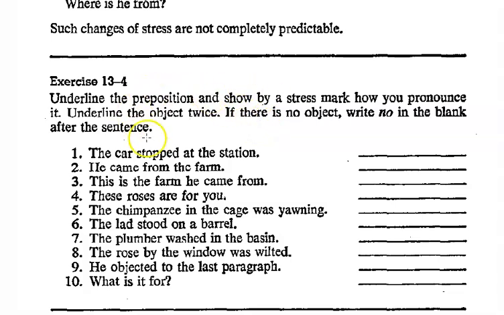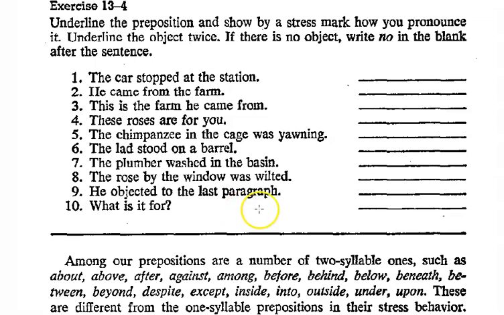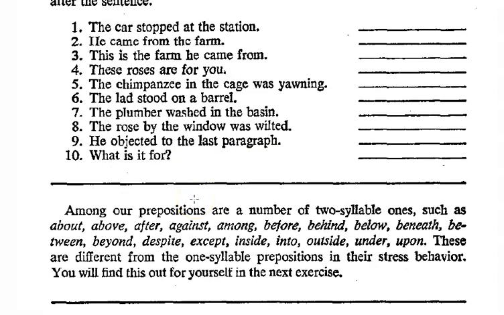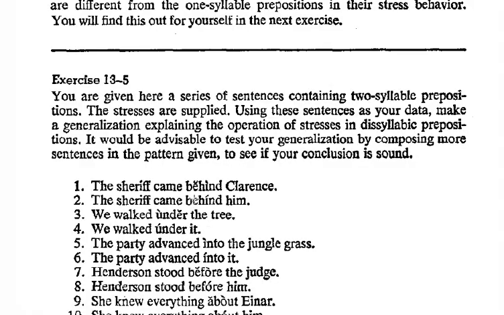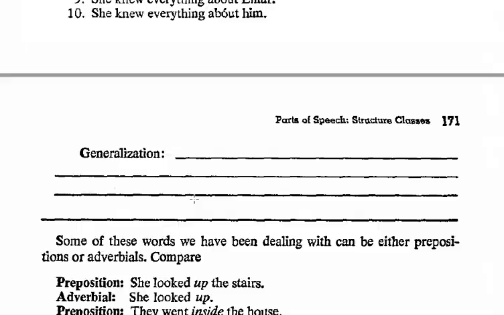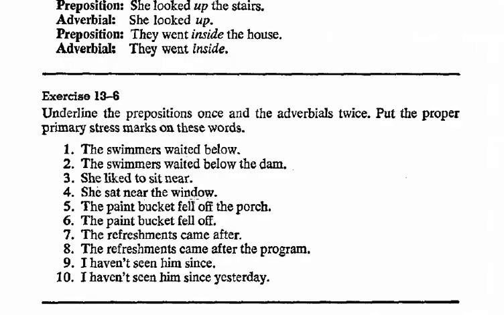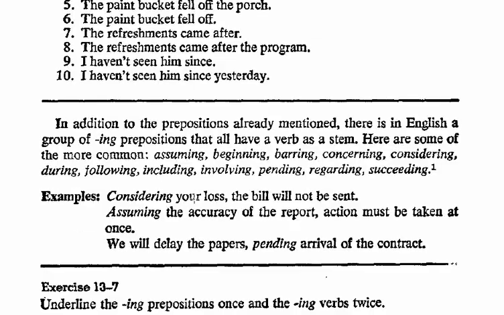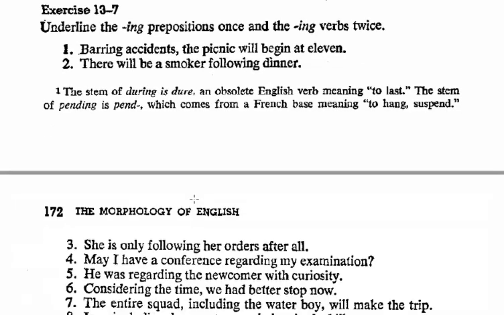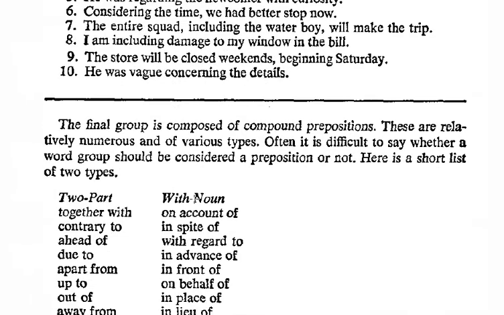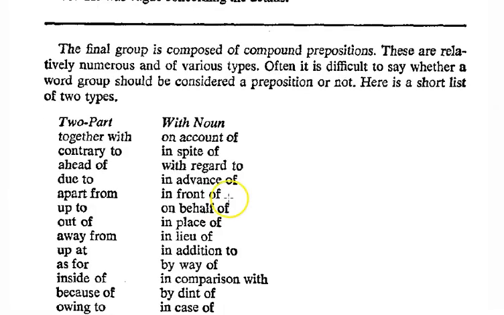Now these are topics that you would usually study in grammar and in syntax. Here in morphology, what really concerns us is the fact that we have compound prepositions. Now, what do we mean by compound prepositions? These are prepositions that have more than one word.